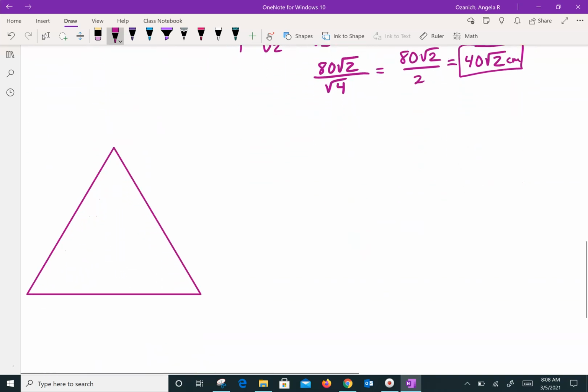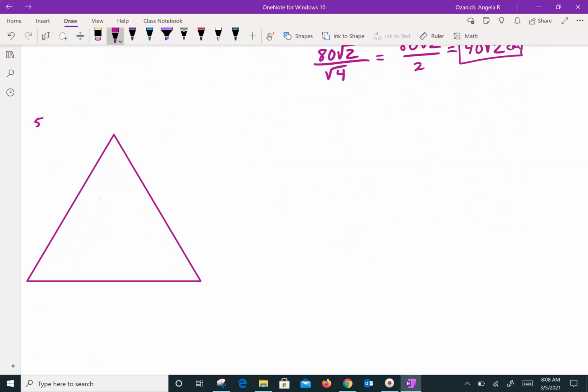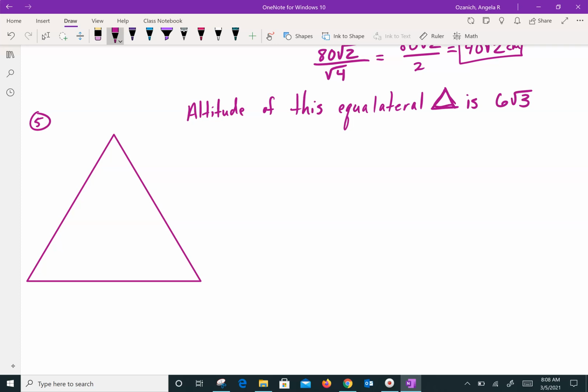Last one. Woohoo! You're almost there for this Monday morning. What if I told you the altitude of this equilateral triangle is, let's say, 6 root 3.